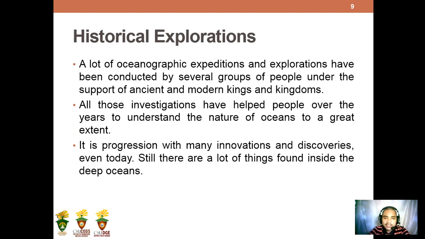And for historical explorations, a lot of oceanographic expeditions and explanations have been conducted by several groups of people under the support of ancient and modern kings and kingdoms. In the early times, they were exploring the seas, especially looking for locations or places where they could get resources, such as the expeditions of Magellan, for example.